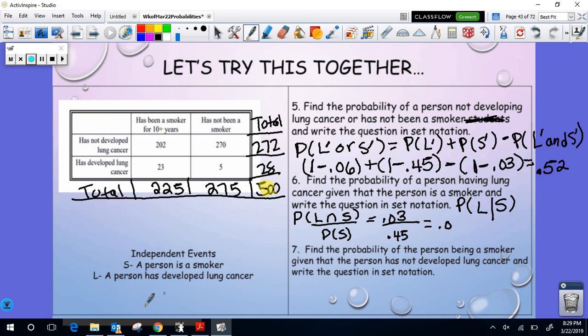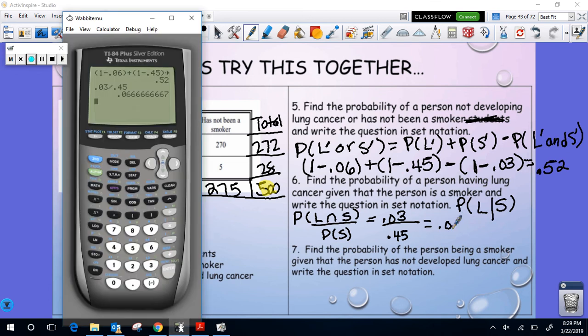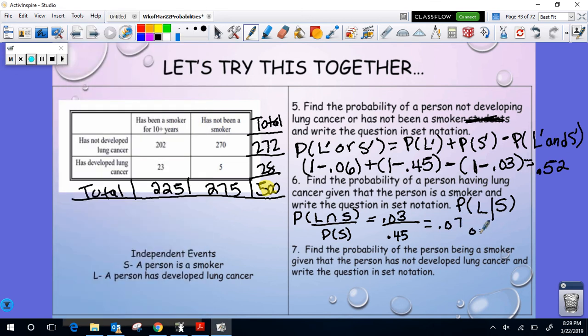Not 67, 0.067 or about 6.7%. Okay, the next one says find the probability of a person being a smoker given that the person has not developed lung cancer, and write the question in set notation. So it works the same way as the other one.